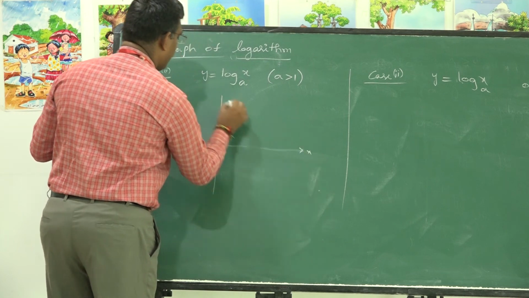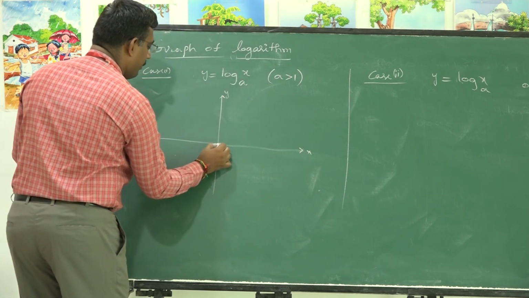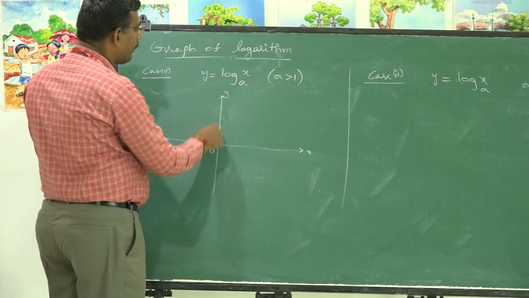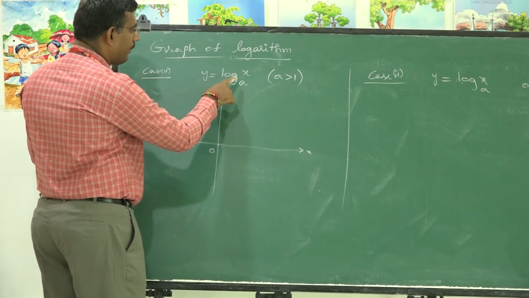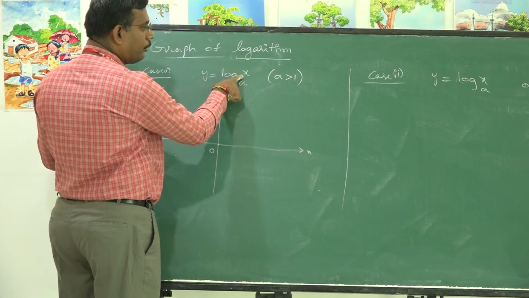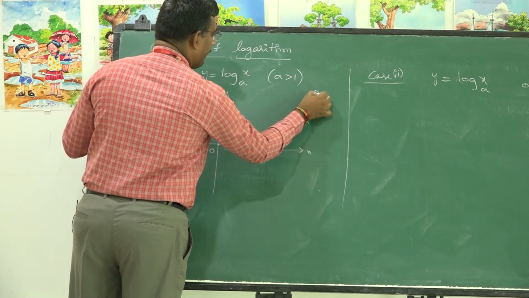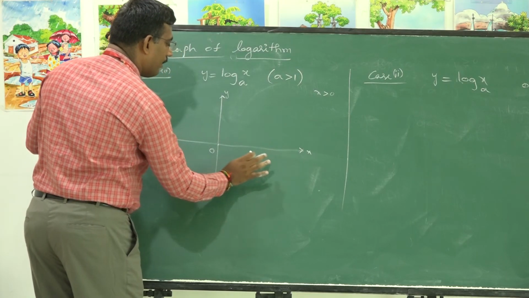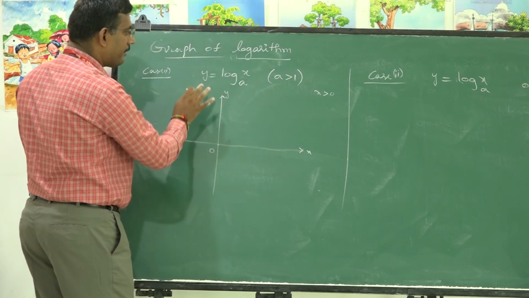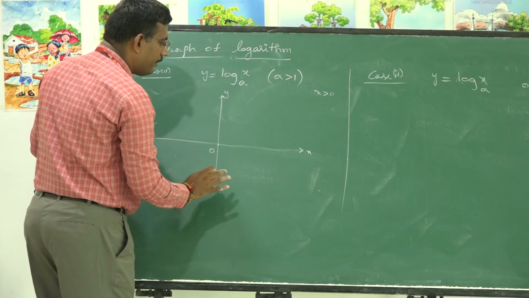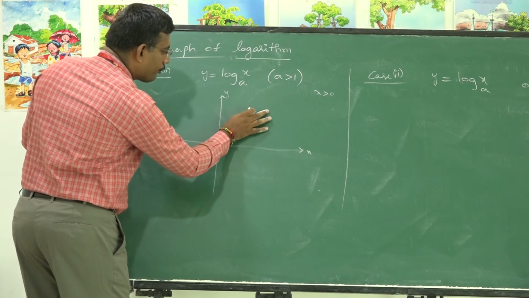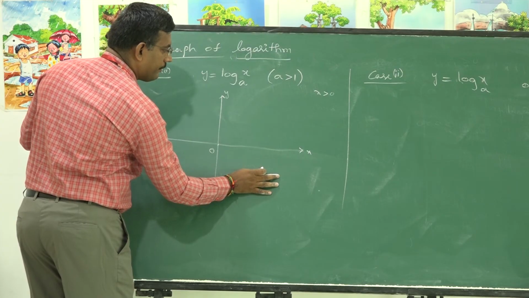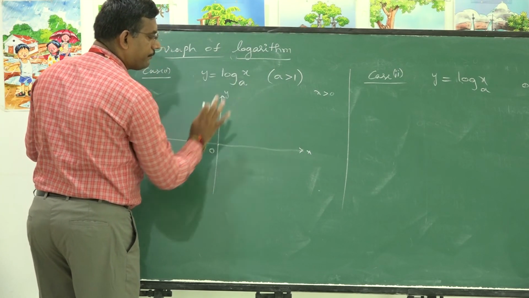The point of intersection of the x-axis and y-axis is the origin. Clearly from the definition of logarithm, logarithms are defined only for positive real numbers. So clearly x is greater than 0. Therefore the graph of the logarithm lies between the first quadrant and fourth quadrant, because x is positive.